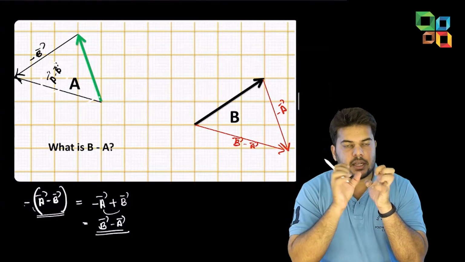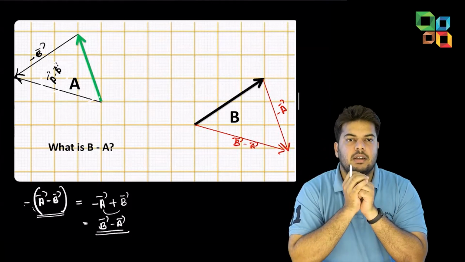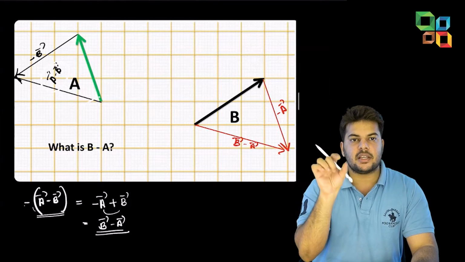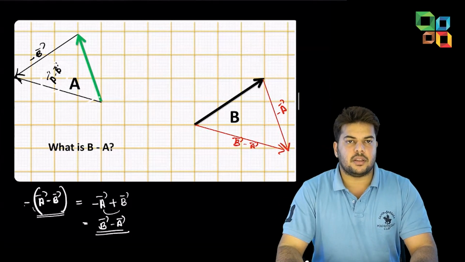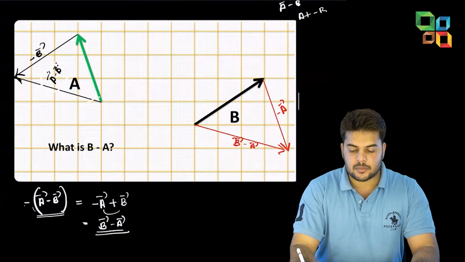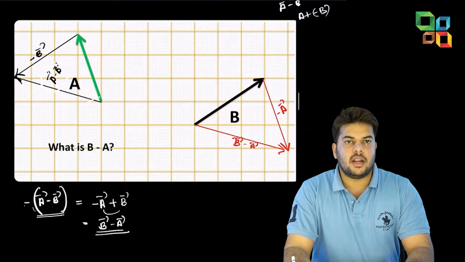Yeah, they behave just like numbers. So that's how I know that I can write A minus B as A plus minus B, because they behave just like numbers. All right, even though they are arrows, they behave just like numbers.